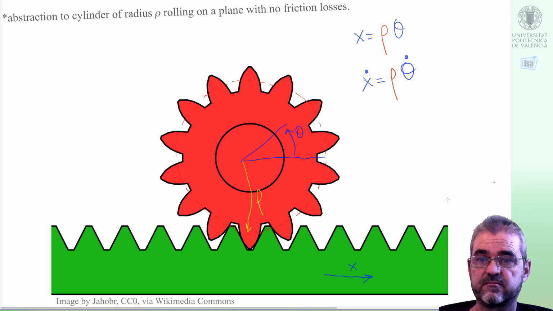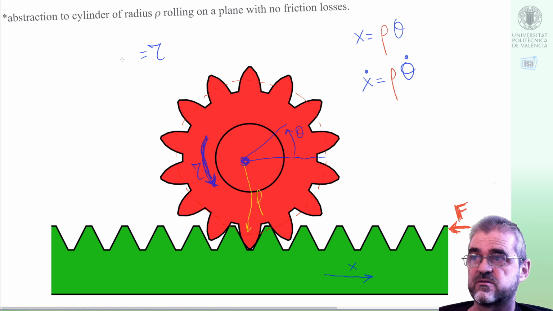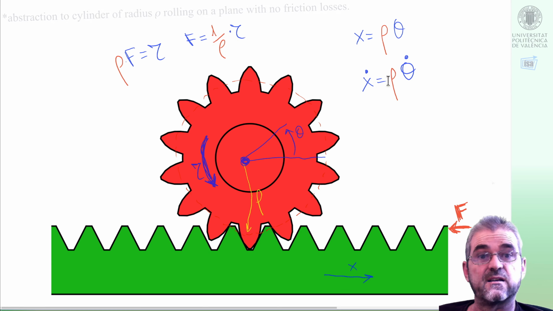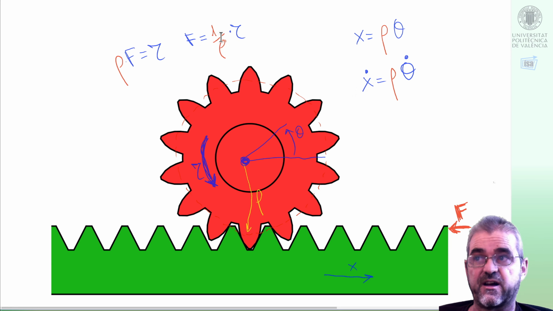But on the other hand, if I am exerting a force here that must be counteracted to avoid movement with a torque tau on my axis of rotation, then the torque tau is force times radius. Or, well, we can equivalently write that linear force is angular torque divided by rho. So linear speed multiplies by rho, linear force divides by rho.